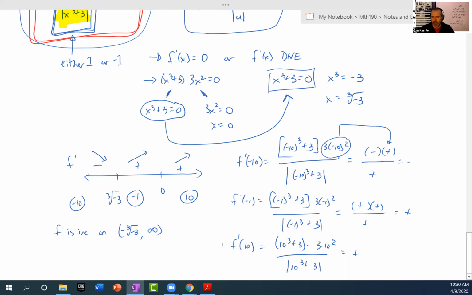And that's purposefully including the 0. That's a little sneaky though, so I'll let you think about that. And it's decreasing on the interval negative infinity up to the cube root of negative 3. It's already negative, so it should just be cube root of negative 3.